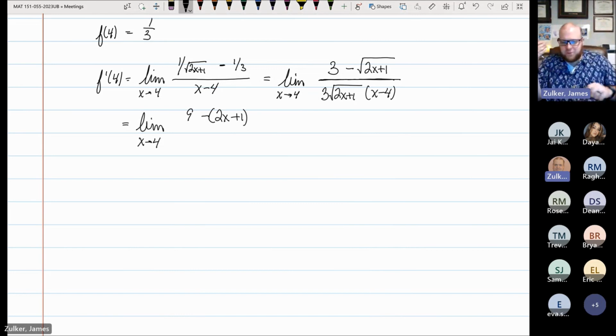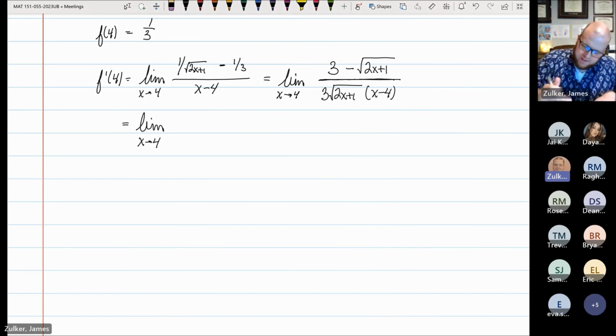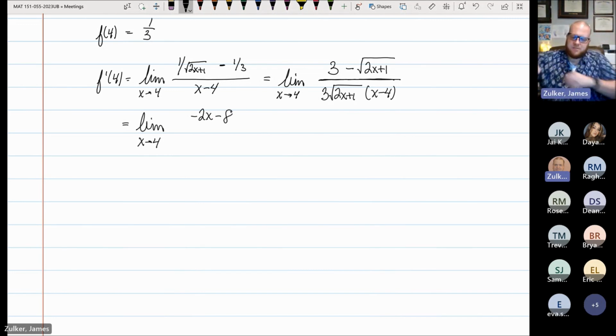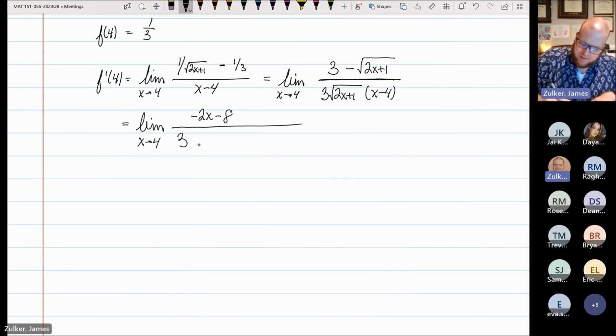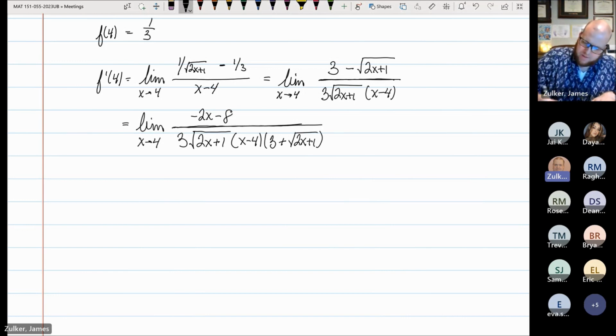Numerator becomes 9 minus the quantity of 2x plus 1, which is negative 2x minus 8. So now denominator is really ugly. What I can now do, just center that.